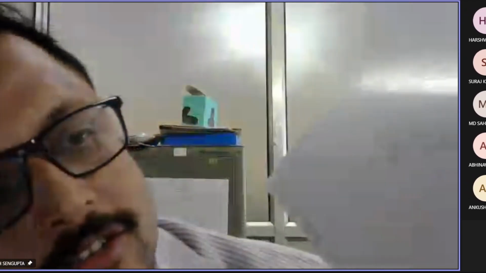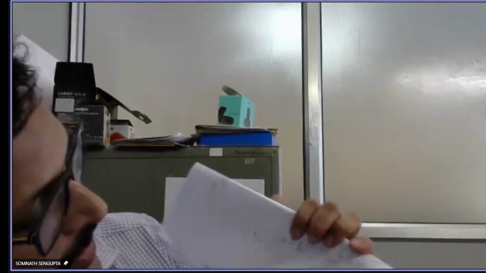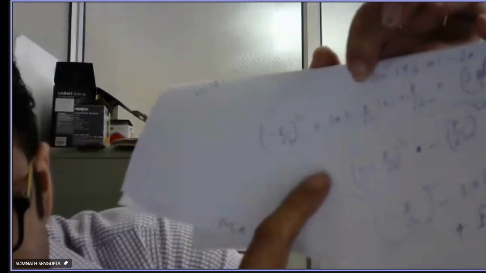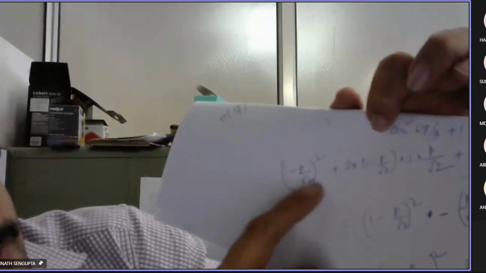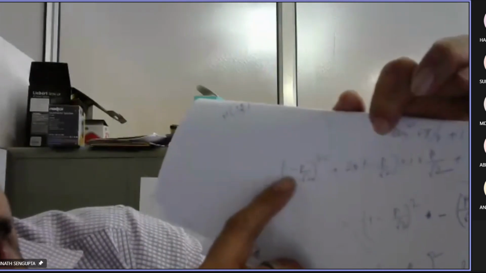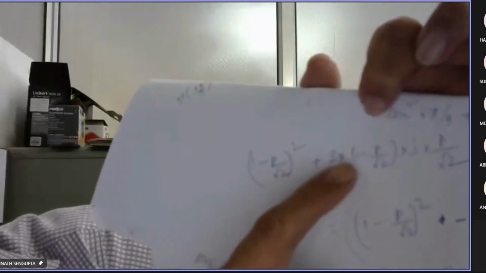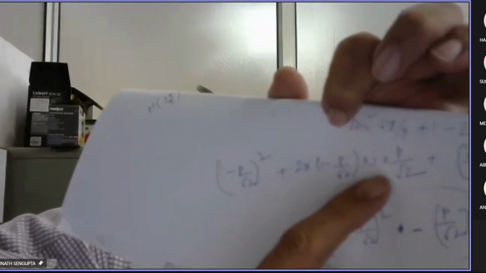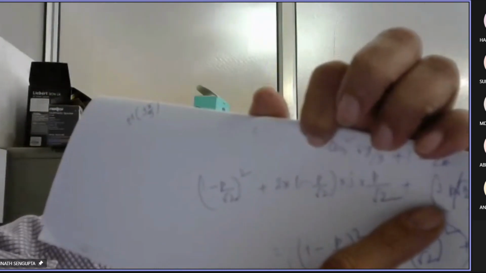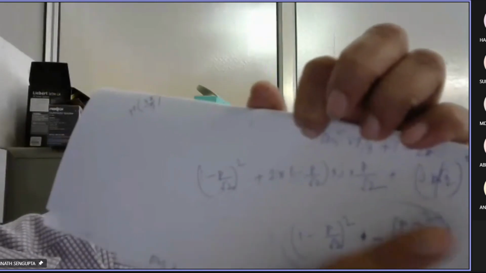Okay, just you see this calculation. Is it visible or not? ये जो पार्ट है, first you calculate a plus b whole square. So a is 1 minus p by root 2 whole square into 2 into 1 minus p by root 2 into j into p by root 2 plus j into p by root 2 whole square.